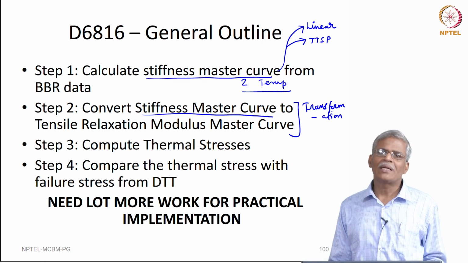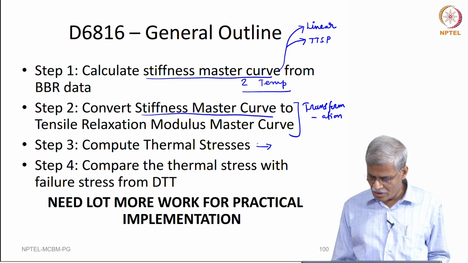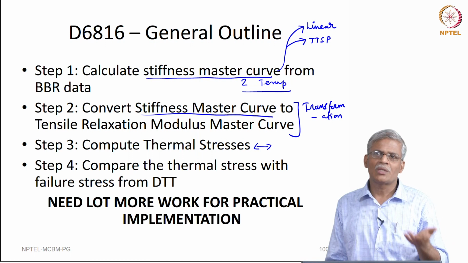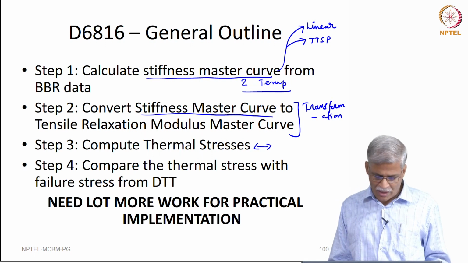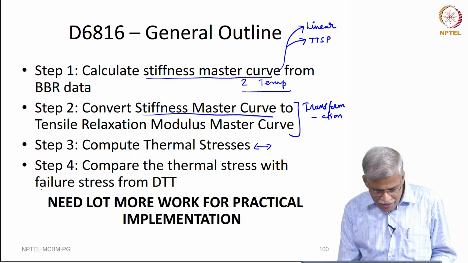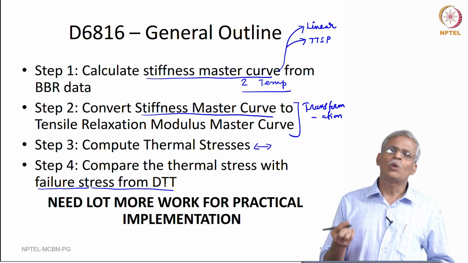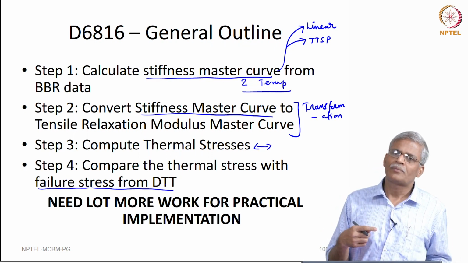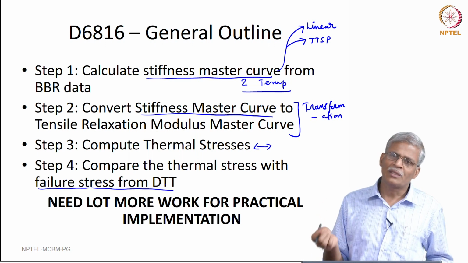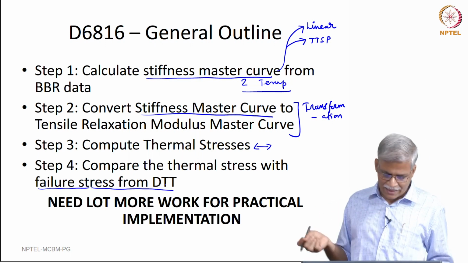And once it is done, then we can actually compute the thermal stresses. We will not be getting into the details related to how these thermal stresses will be computed, and then these thermal stresses will be compared with the failure stress from the direct tension test. So, what we are doing is, you do the bending beam rheometer test, you analyze the test results, and then you compute the thermal stresses, and then you compare it with what we are getting from the direct tension test.